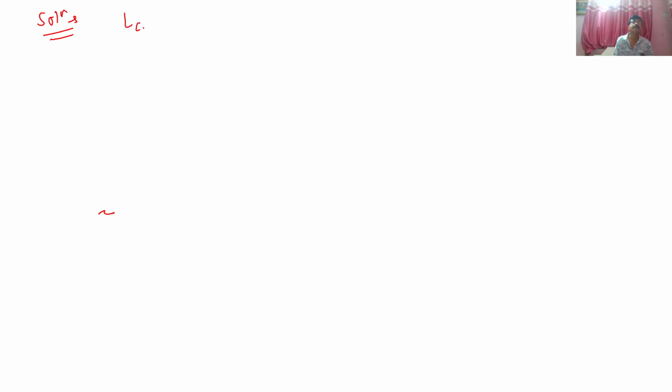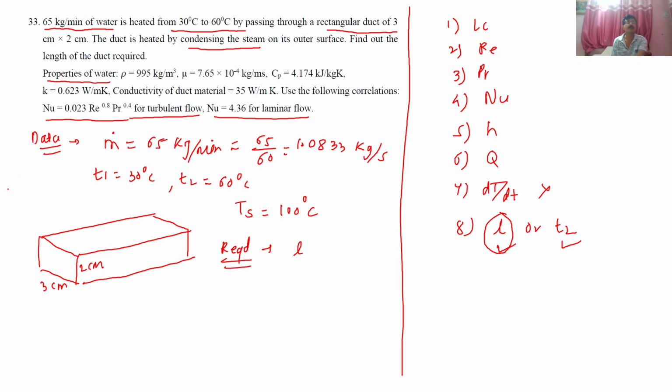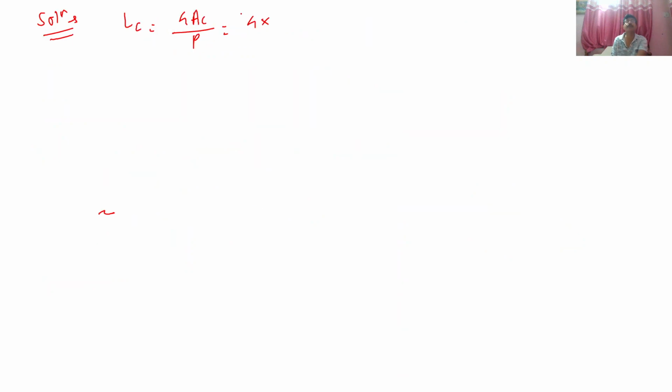Solution. What is LC? LC for internal flow through a channel, whether it is a circular tube, a triangular tube, a rectangular tube, or a square tube, the formula is LC equals 4 into area of cross section upon perimeter. This is the cross sectional area: 3 centimeter and 2 centimeter.